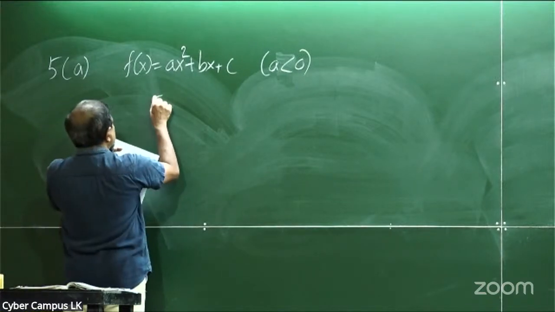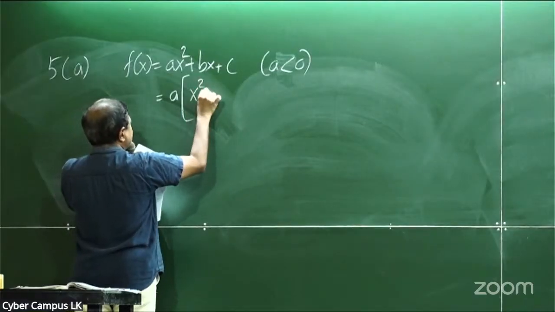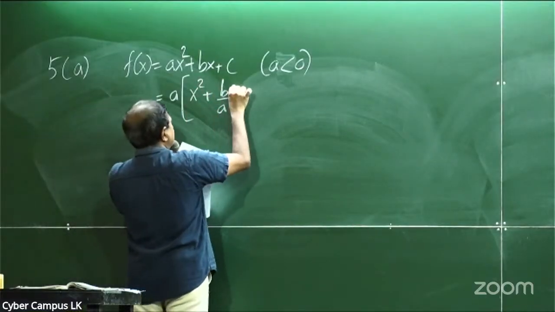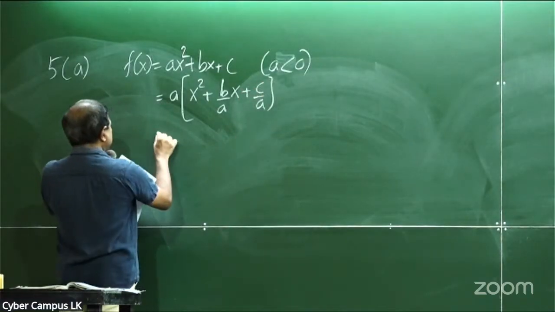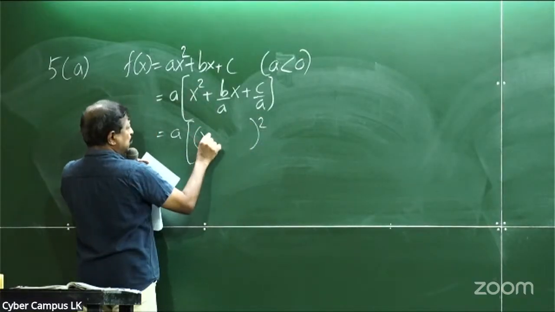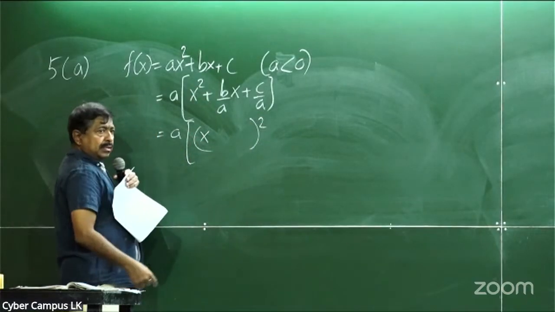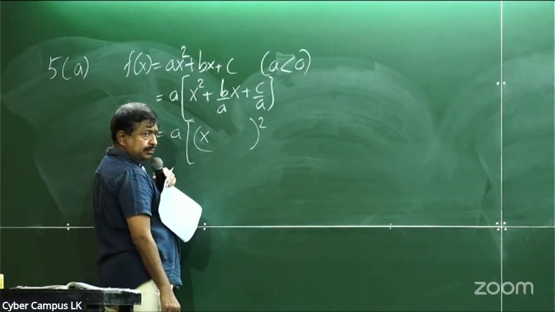We can do it by completing the square. You pull out a, then complete the square. The square root of this is x. Then you divide this by 2.